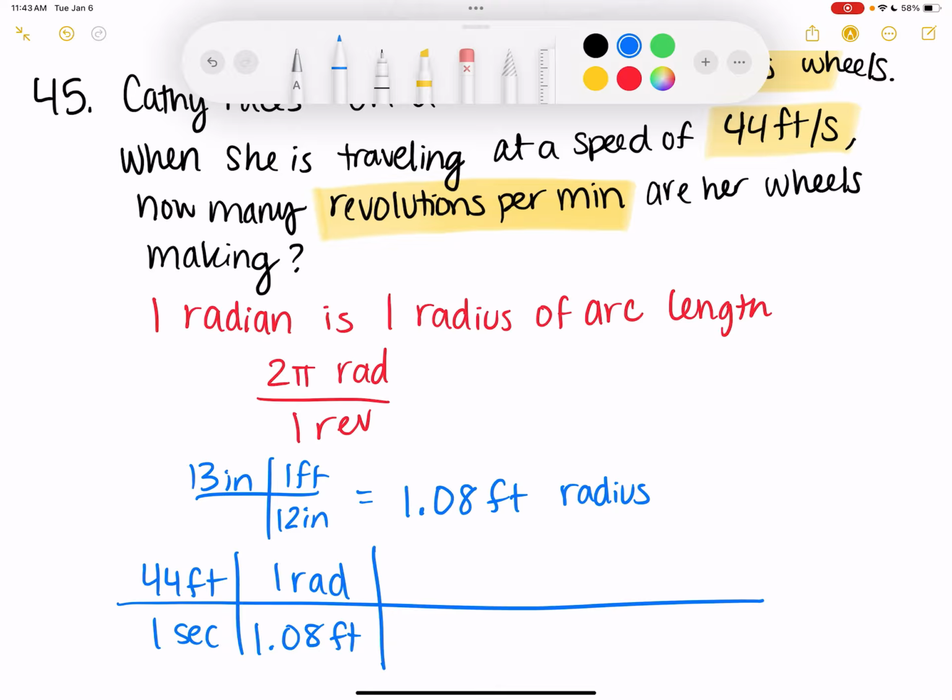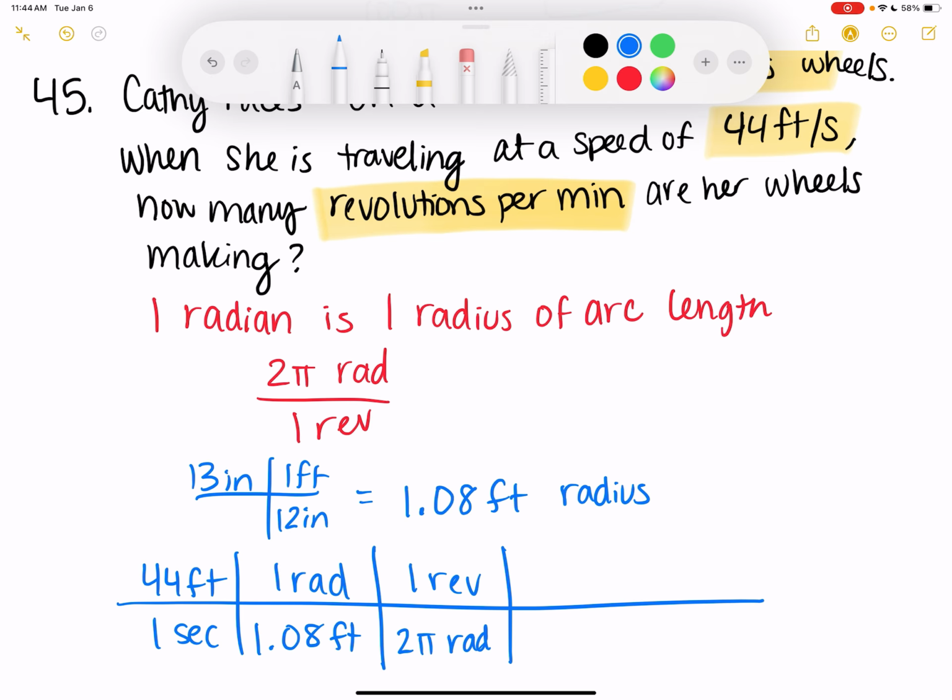Then, this other conversion is that 2 pi radians is 1 revolution, so I'm going to flip that over and do 2 pi radians in 1 revolution. So essentially, I have canceled feet, I've canceled radians, so I'm down to revolutions.